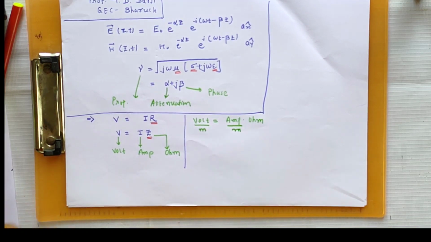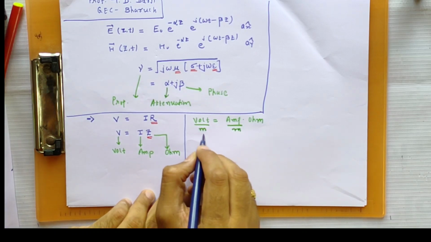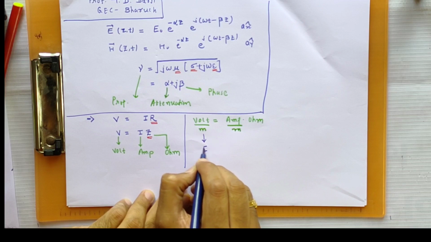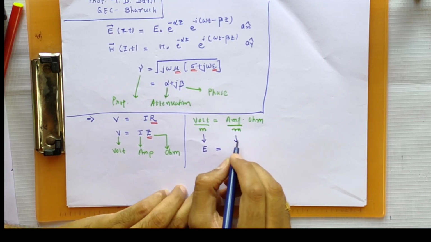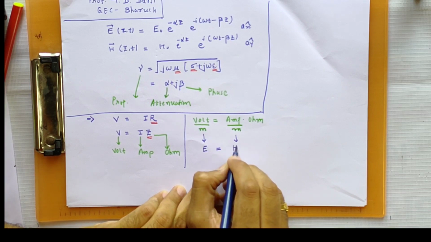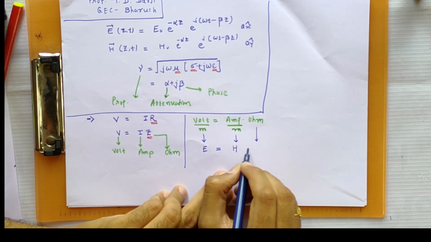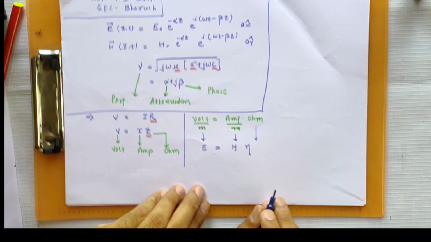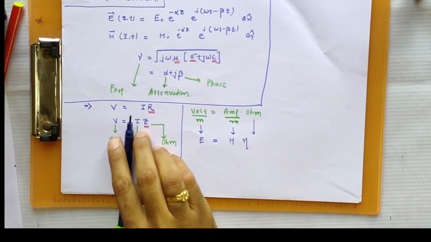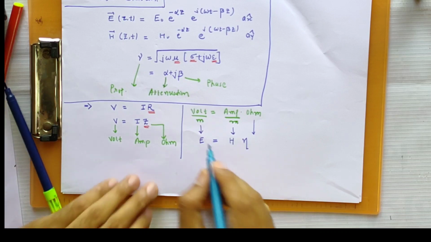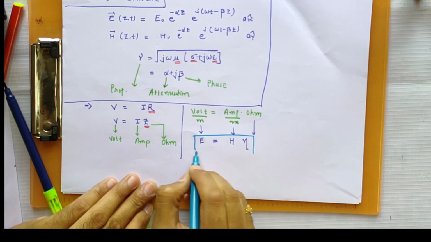So volt per meter is the unit of electric field intensity. Ampere per meter is the unit of magnetic field intensity. And this ohm is nothing but my intrinsic impedance. So in short we can write that E is equal to H into N.